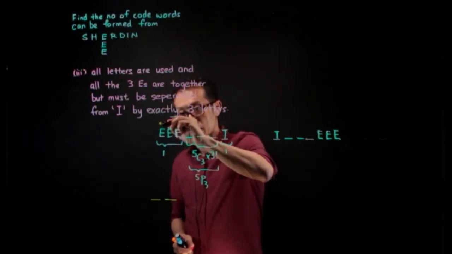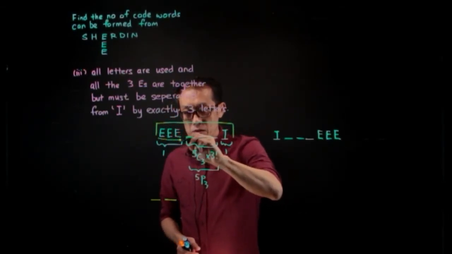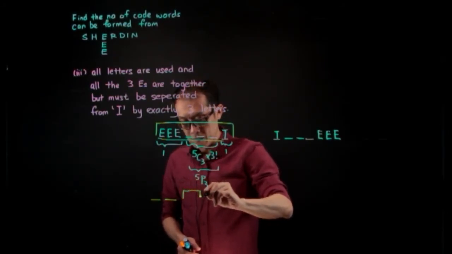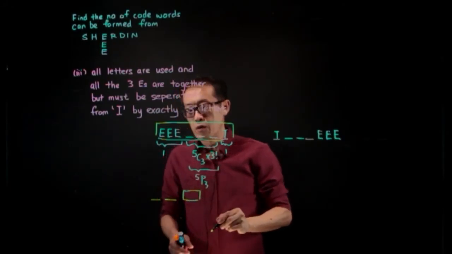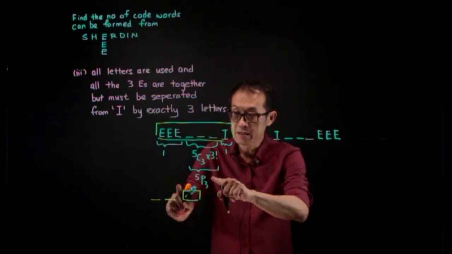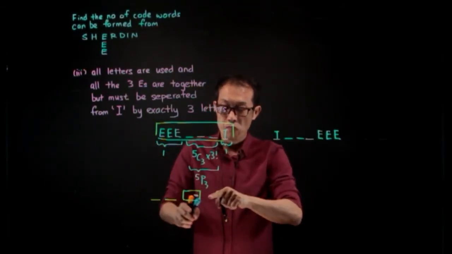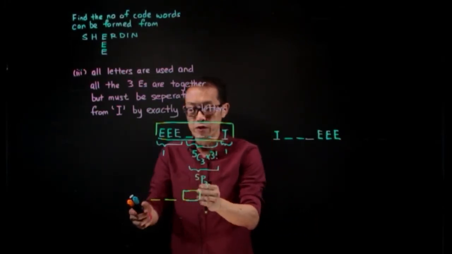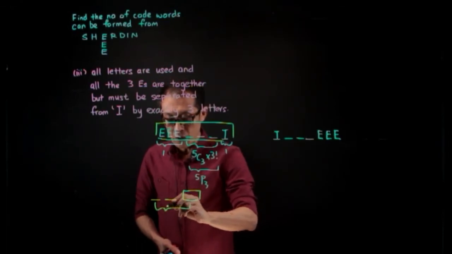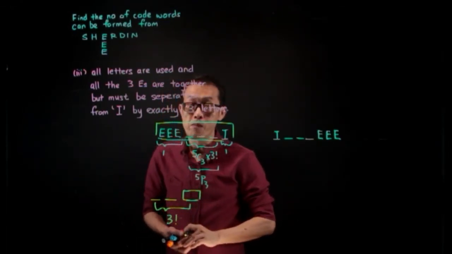Let's say this is a box. Now these are the 2 remaining letters, and then this box is the same as this box. All right. So how many ways can you arrange these 3 items? They are all different, so you have 3 factorial.